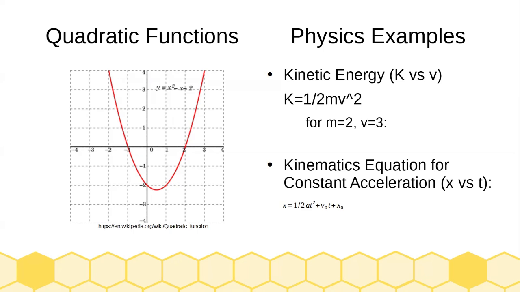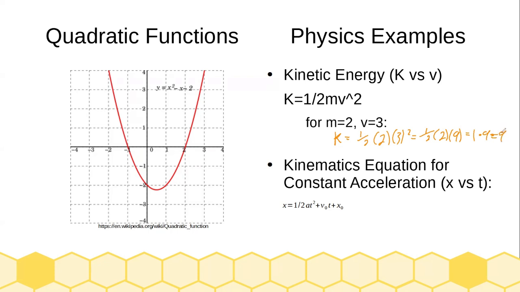So for k equals 1/2 mv squared, for m equals 2 and v equals 3, we have k equals 1/2 times 2 times 3 squared, which, going according to the order of operations, is 1/2 times 2 times 9, which is 1 times 9, equal to 9.